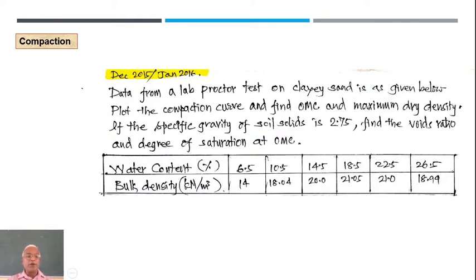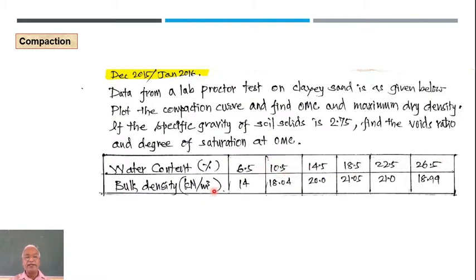In the table, what is given is water content in percentage. It is given 6.5, 10.5 and so on, and you should know that in calculation these values are taken as fractions, in the sense 6.5% is taken as 0.065, 10.5% is taken as 0.105 and so on.